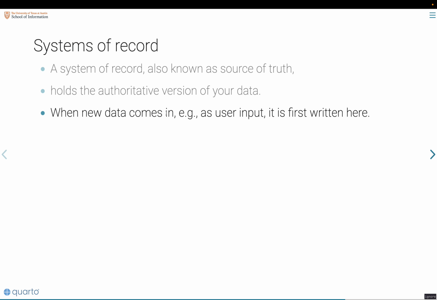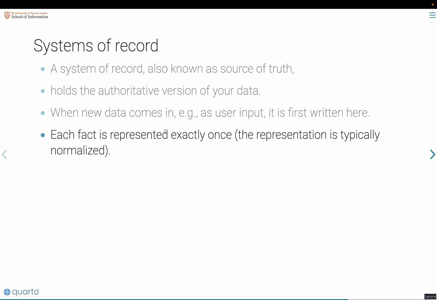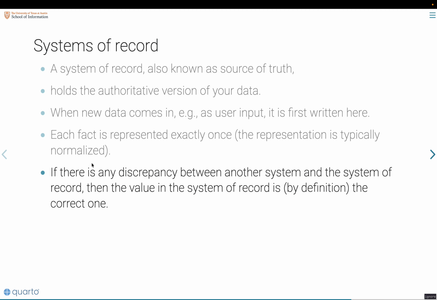When new data comes in, it is first written here, and every fact is represented exactly once, and the representation is typically normalized. So parts of the fact may be represented in different places, but the fact as a whole is only represented one time.